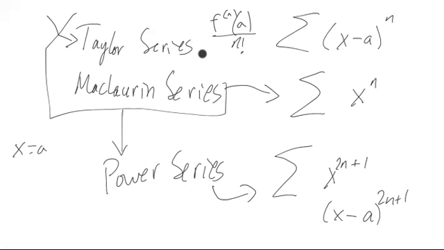Yet, in the end, it's just a power series. And we're trying to get coefficients for a power series representation of a function. And so the name Taylor series usually denotes that.